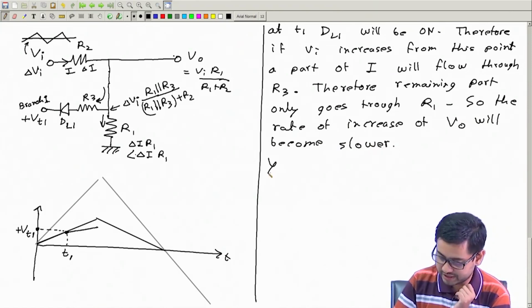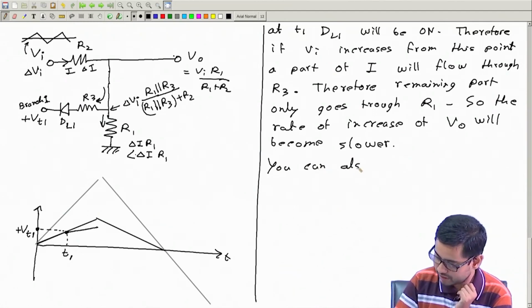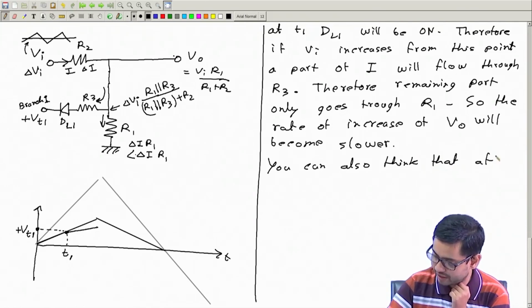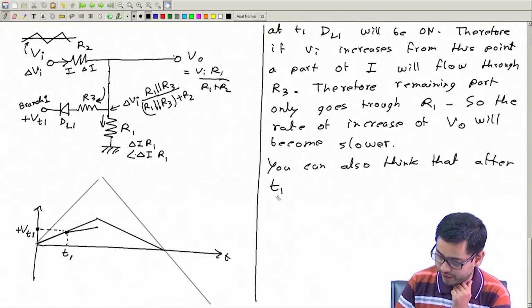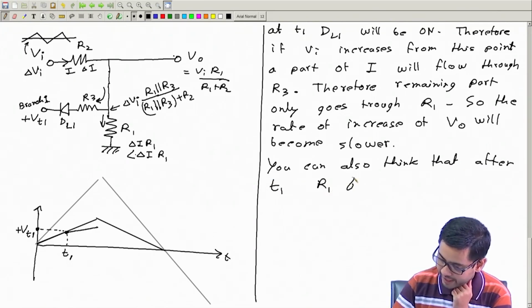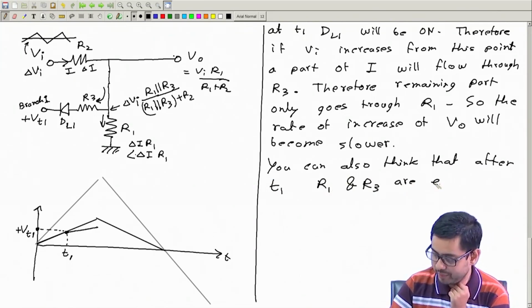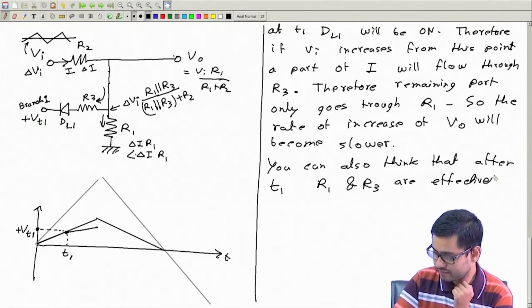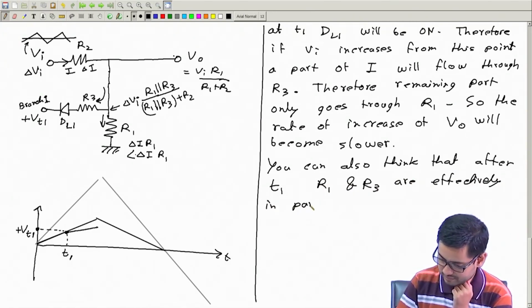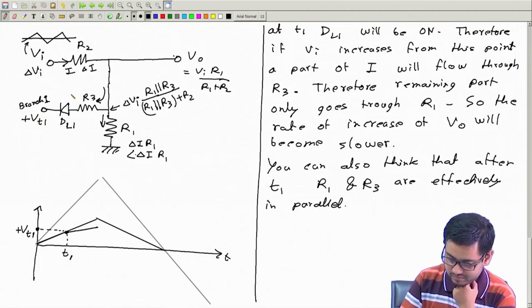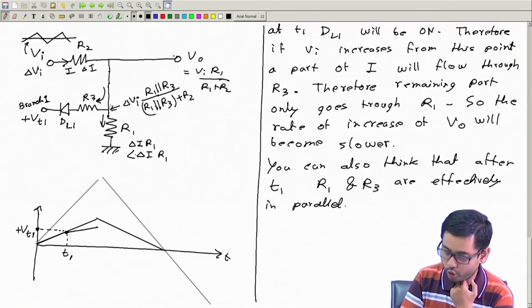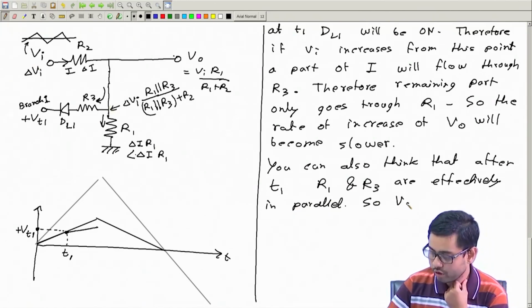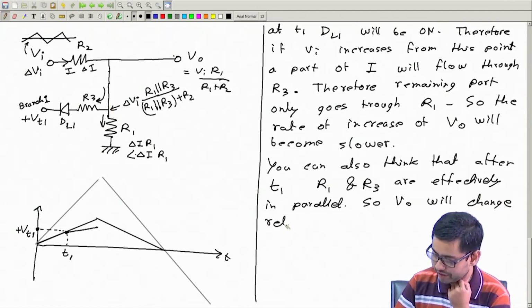You can also think of it in this way. After T1 time, R1 and R3 are effectively in parallel. Therefore, the rate of change of VO will be slower. So VO will change relatively slowly.